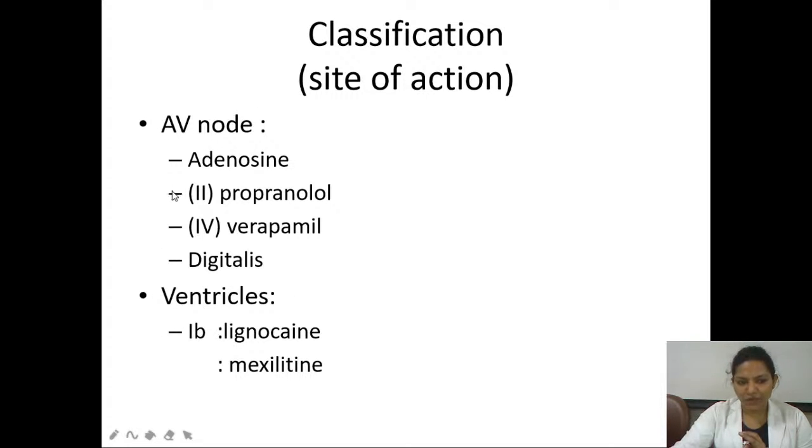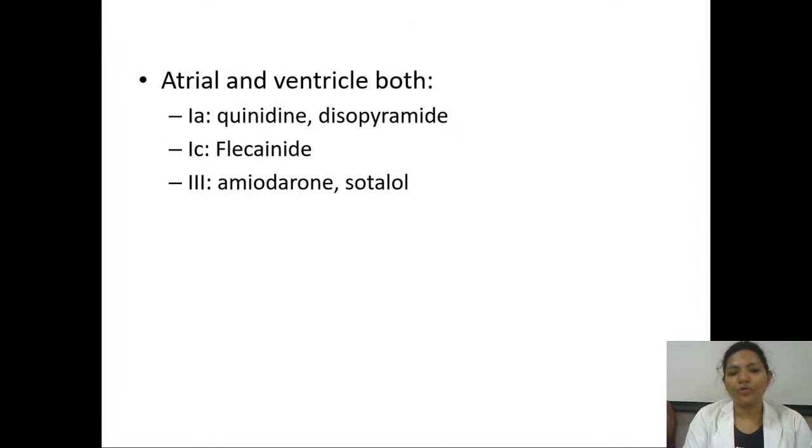Drugs acting on the AV node are adenosine, propranolol, verapamil and digitalis, while drugs acting on ventricles usually belong to class 1B, that is lignocaine and mexiletine. Now, there are certain drugs that act on both atria and ventricles. For example, from category 1A, quinidine and disopyramide. From 1C, flecainide, and from type 3, amiodarone and sotalol.